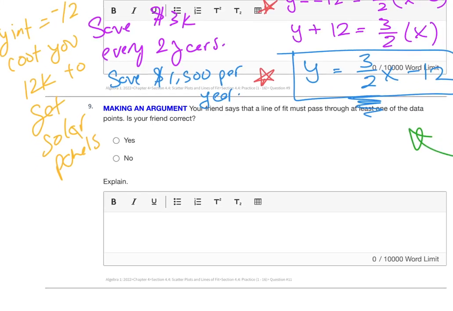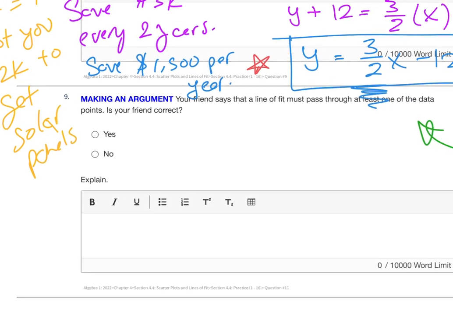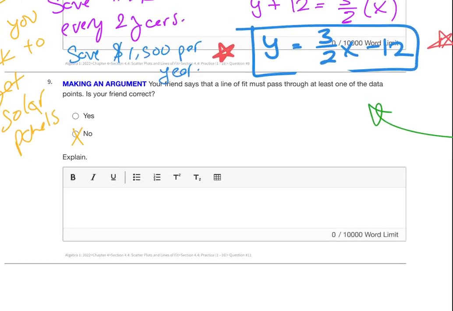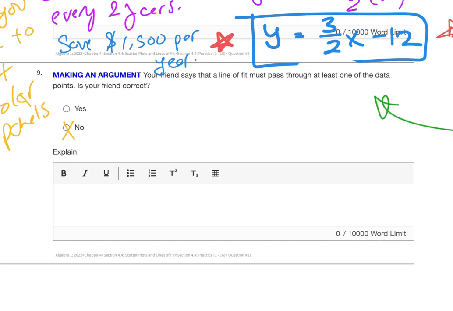Interesting. So last one, your friend says that a line of fit must pass through at least one of the data points. Is your friend correct? No, not necessarily. I know that seems a little crazy, but it doesn't have to.